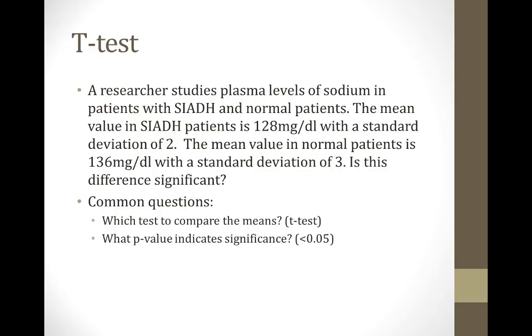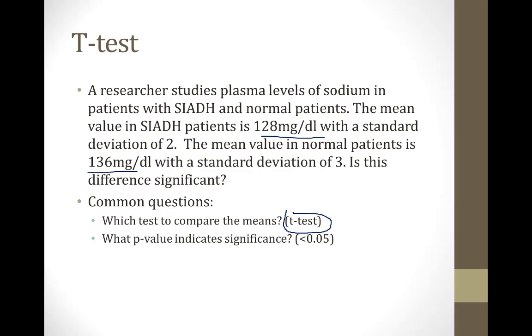So let me give you an example of how this might come up in a board question. Suppose a researcher studies plasma levels of sodium in patients with SIADH and normal patients. The mean value in SIADH patients is 128 milligrams per deciliter with a standard deviation of 2. The mean value in normal patients is 136 with a standard deviation of 3. Is this difference significant? Common questions are, what test would be used to compare the means? And the answer is a t-test. How do I know it's a t-test?